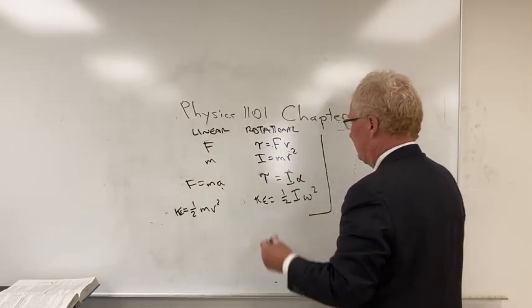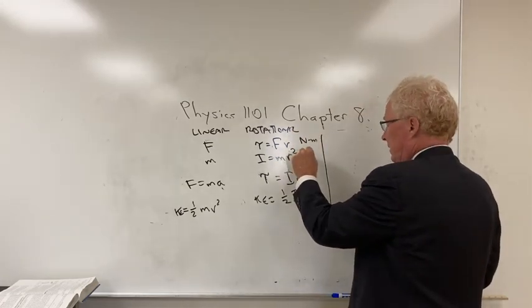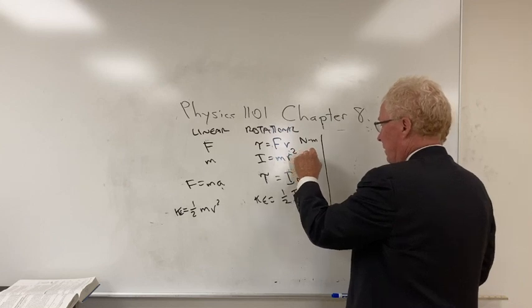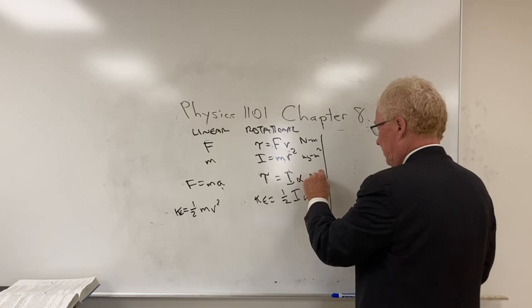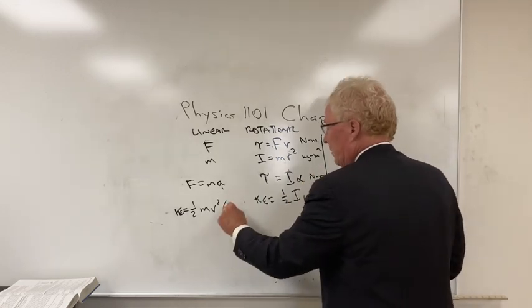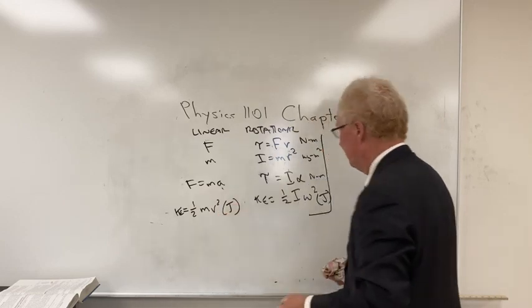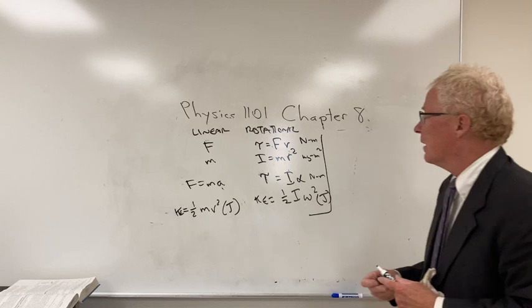As far as units, torque is in Newton meters, I is in kilograms meters squared, and kinetic energy is still in joules. So both of these are in units of joules. So that's the part summarizing the comparison.